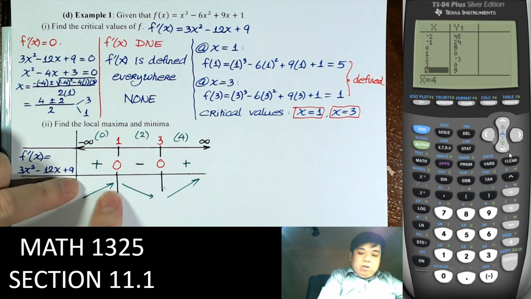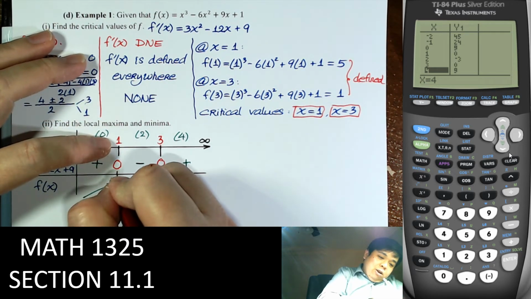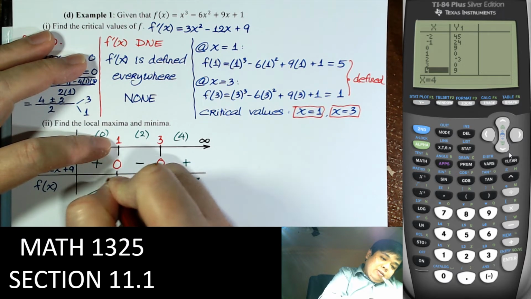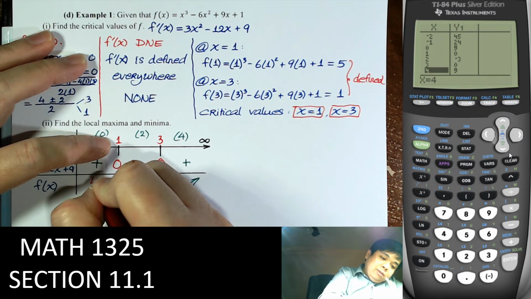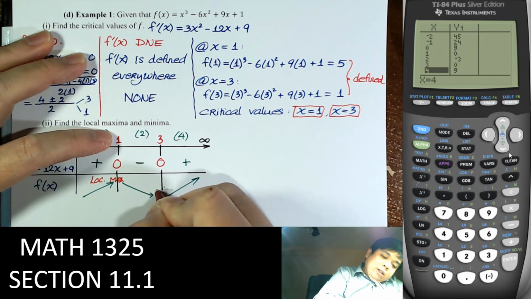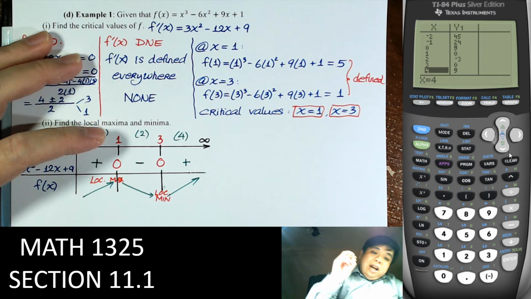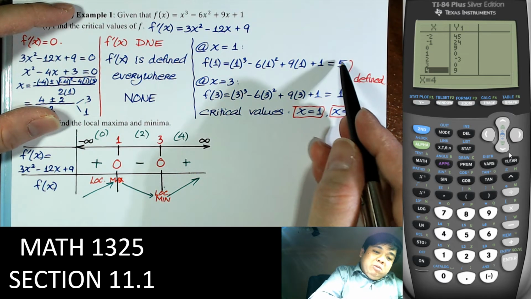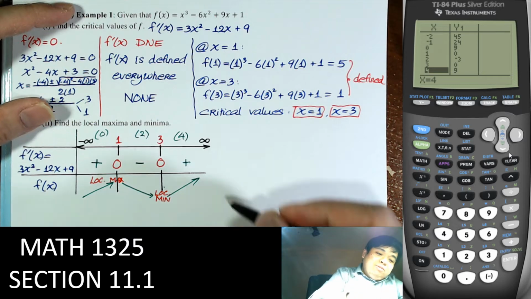Now, based on the graph, this has to be the local max. And this has to be the local min. And furthermore, we do have the values. When it goes up, the maximum value is going to be 5.